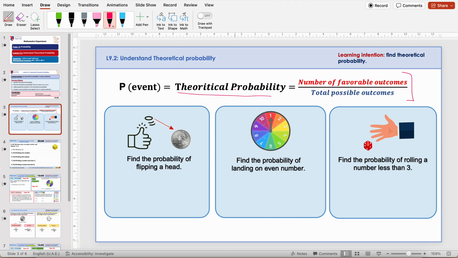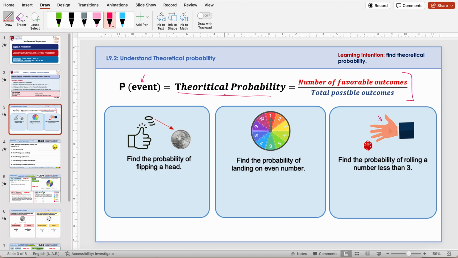So theoretical probability is basically the probability of a specific event to happen. We have here three different events: rolling a dice, spinning a wheel, rolling a dice here, spinning a wheel, and flipping a coin. So how do we calculate the probability of a specific thing to happen?